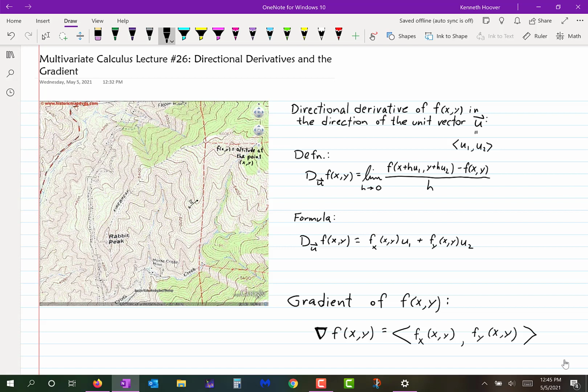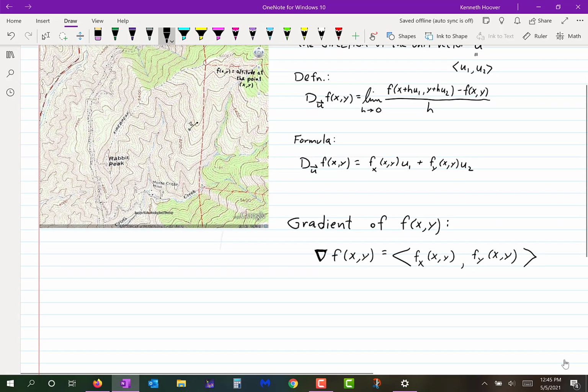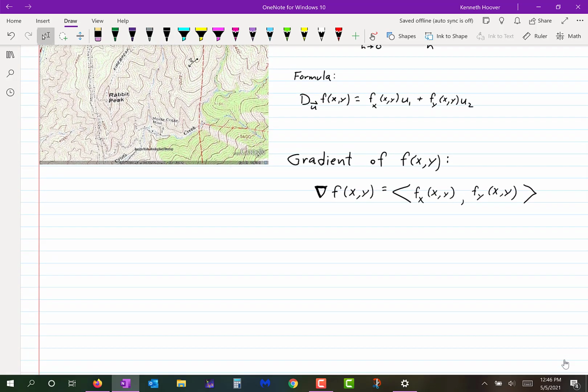A lot of times, particularly in physics books, much more so than math books, you will see this thing called a gradient operator. And it'll look like this. So then when you see gradient of f, this is what they mean by that.